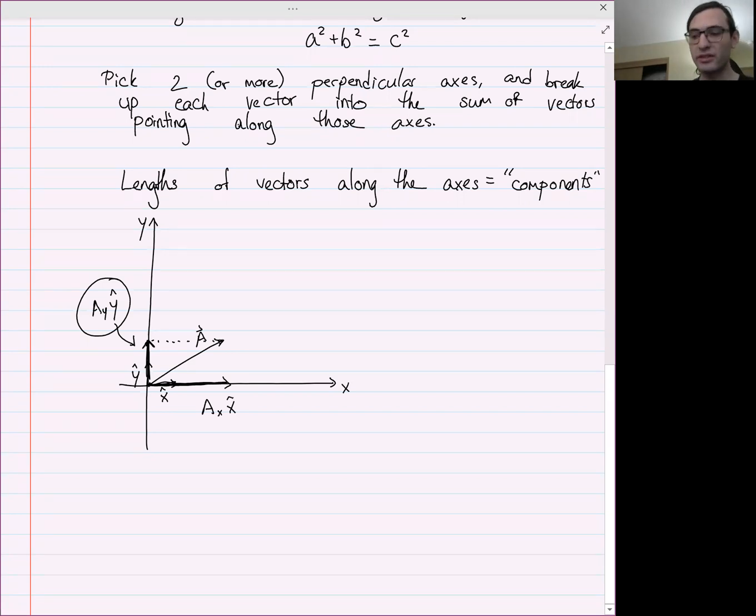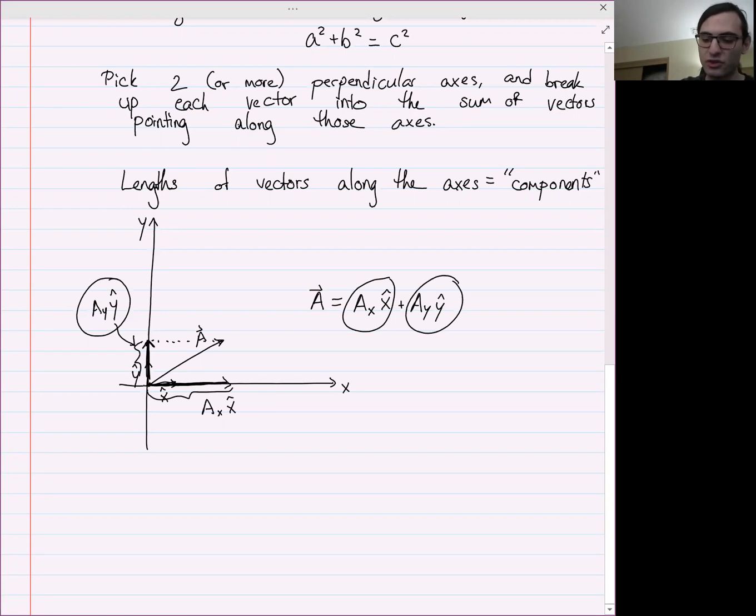And so all we've done is decompose a single vector into the sum of two vectors. The original vector A is equal to AX in the x hat direction plus AY in the y hat direction. That should be fairly clear. This is the vector that points from here to here, and this is the vector that points from here to here.